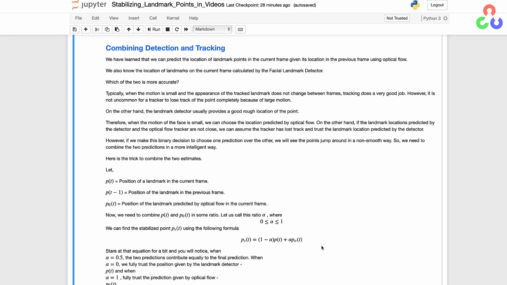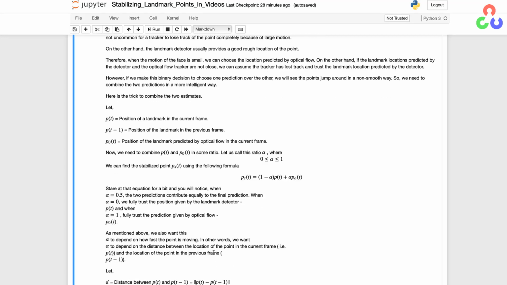However, we cannot make this hard switch. We cannot say that we are going to use detection when the motion is above a certain threshold, and we are going to use tracking when the motion is below a certain threshold. The reason is that if you take that kind of approach, you will notice large jumps between frames, which is not good. So we need to come up with a soft way of combining the two estimates.